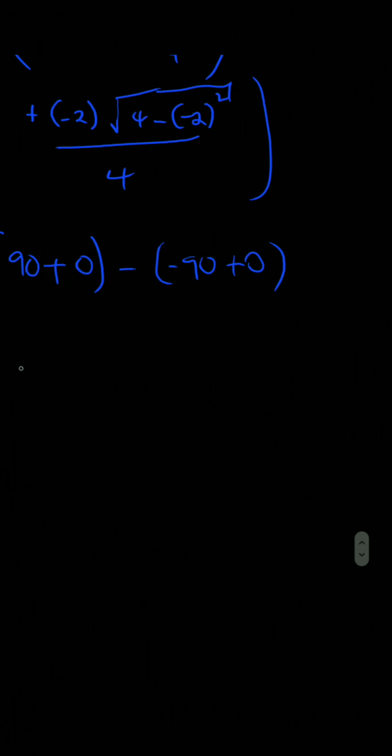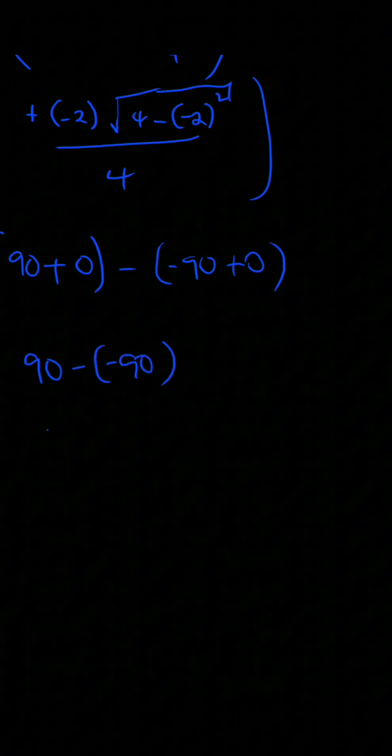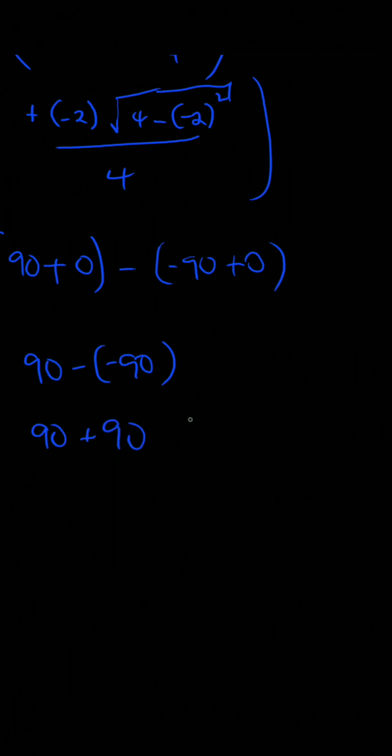So we have negative 90 there. Then 90 minus negative 90 gives us a positive 90 plus 90, giving us 180 as our final answer for this problem.